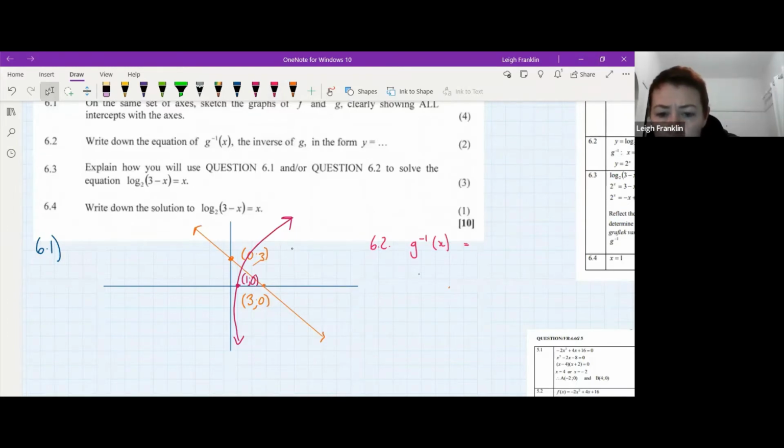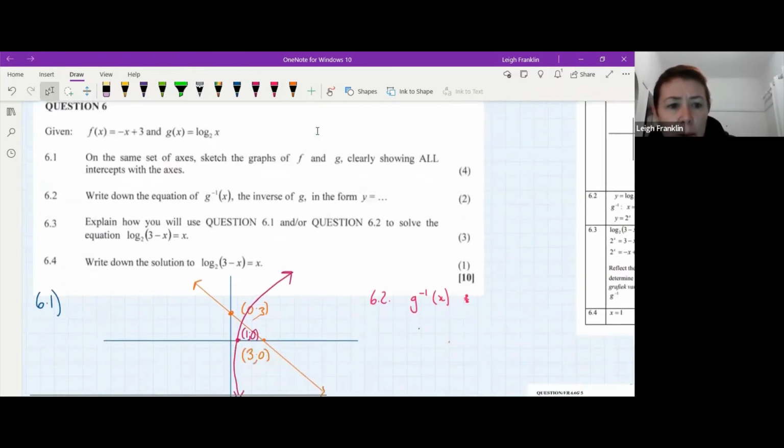So we need to interchange x and y. So that's going to give us the graph of y equals 2 to the x. Okay.